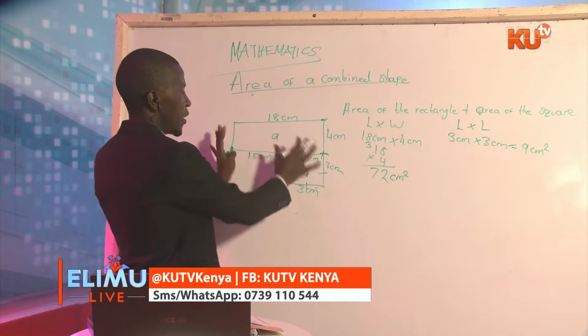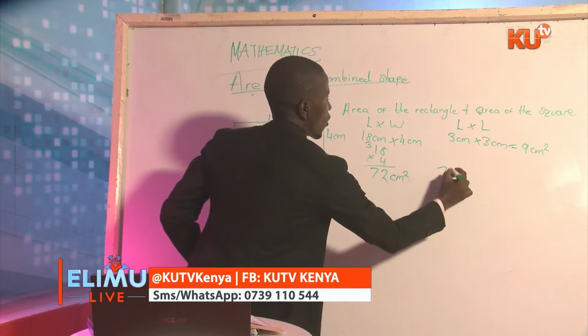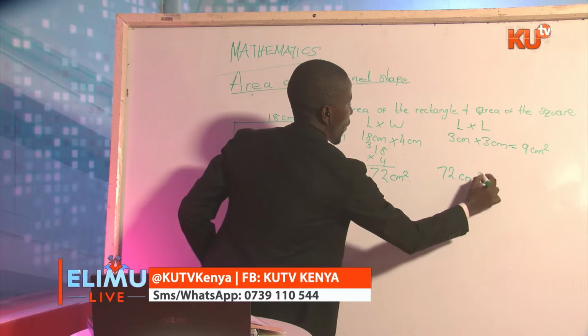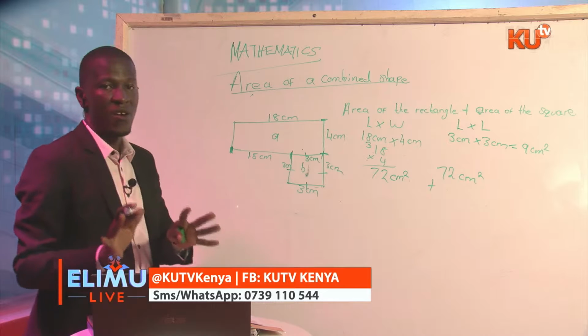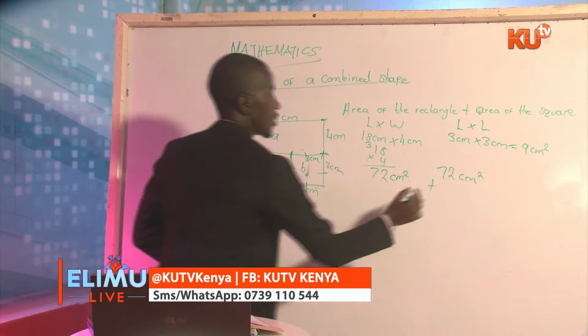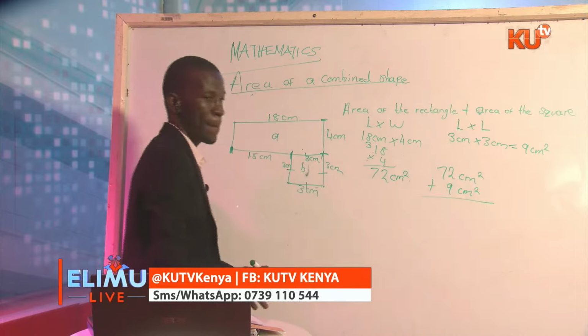So for me to find this area, I'll add the area of the rectangle, which is 72 centimeters squared, plus the area of the square, which is 9 centimeters squared.